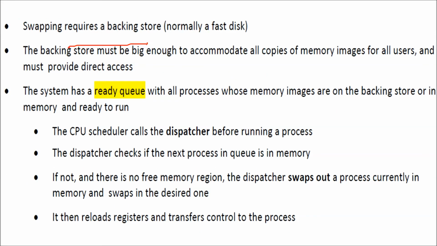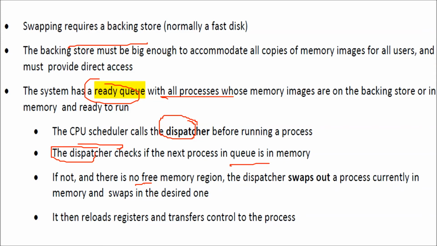Swapping requires a backing store, a place where you can put processes, like the hard disk or tape drives, etc. The system has a ready queue where all the processes which are ready to run are kept. The CPU scheduler calls the dispatcher before running a process. The dispatcher checks if the next process in the queue is in memory.